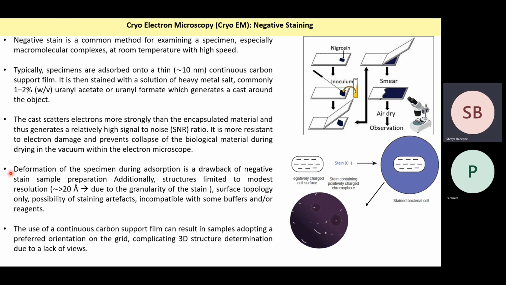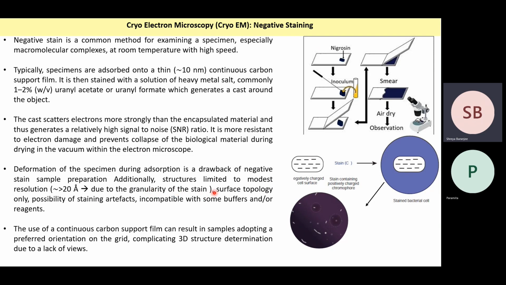The drawback of negative stain is that often while the staining is happening, the cell shape may change. Additionally, the structures are limited to modest resolution. So basically, you are observing the granularity of the stain.